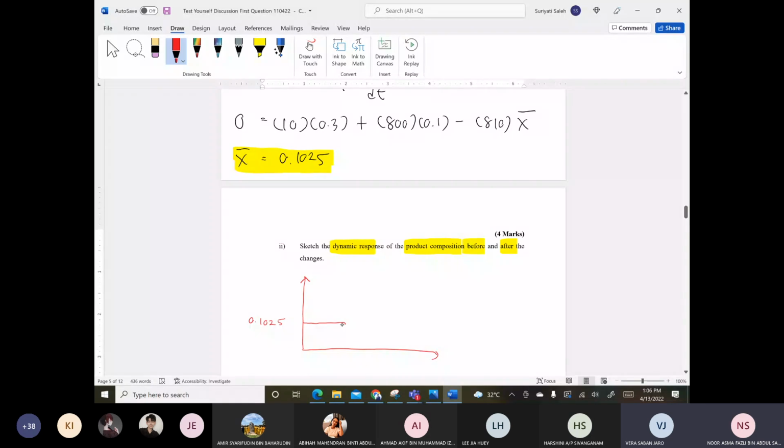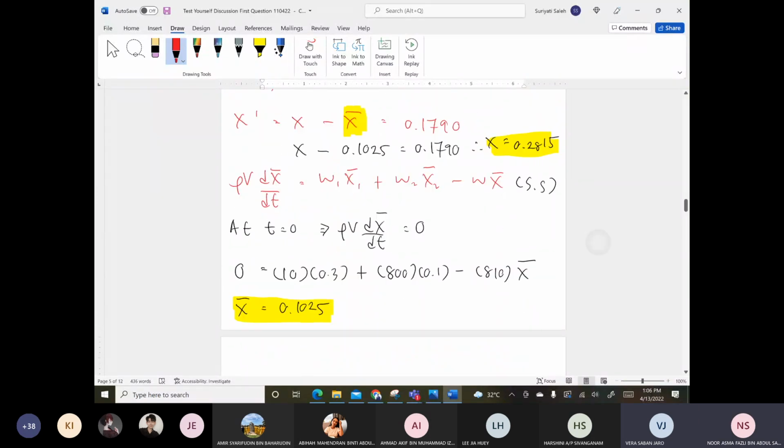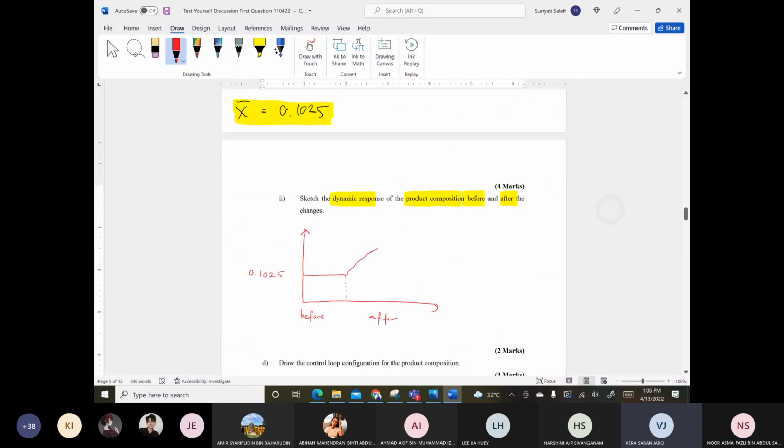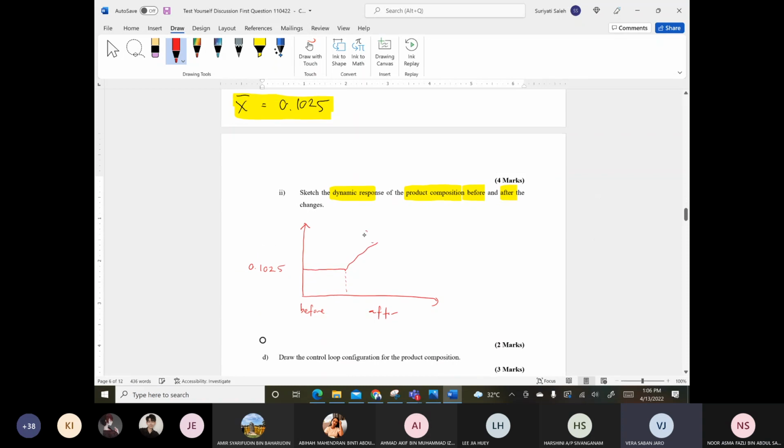So let's say this is the before and this is the after. Then definitely it will increase to 0.2815. So this is after 5 minutes.